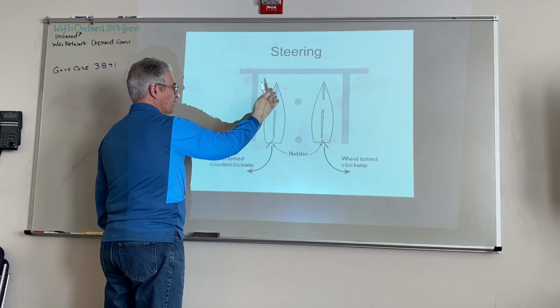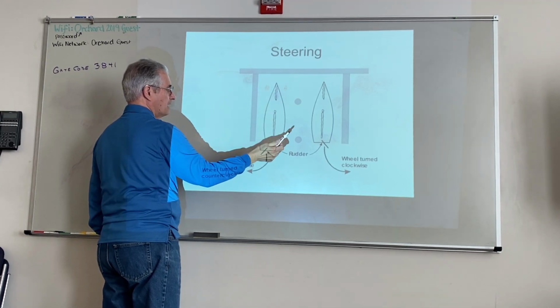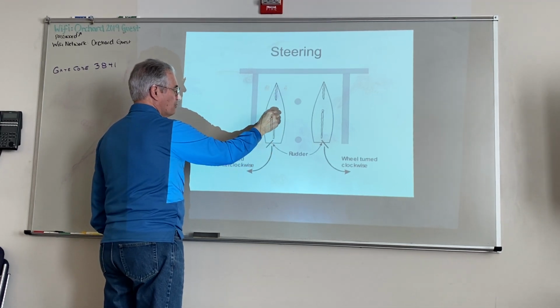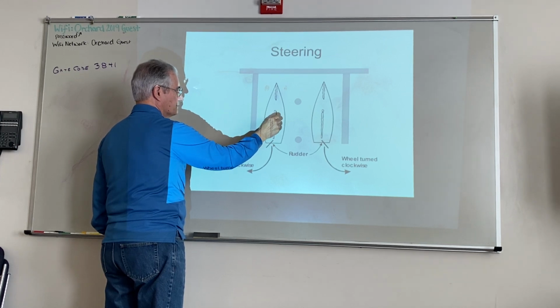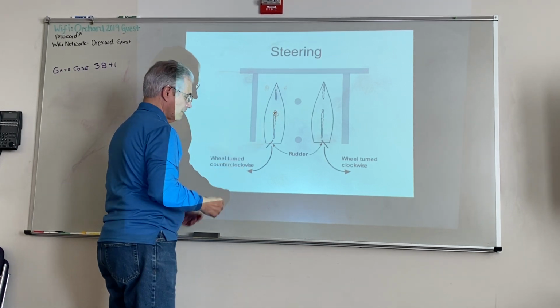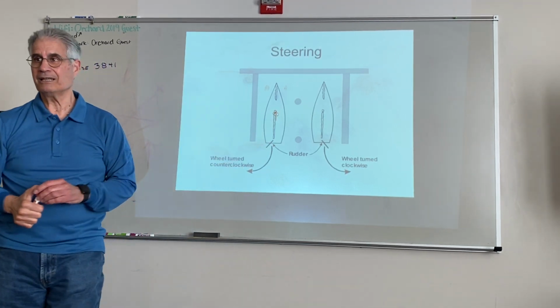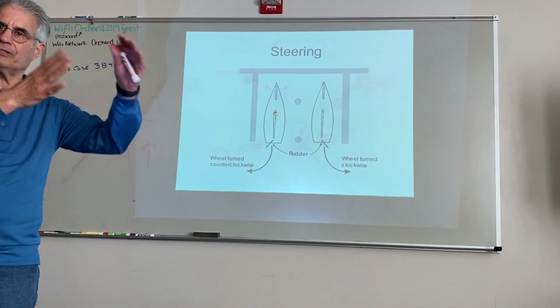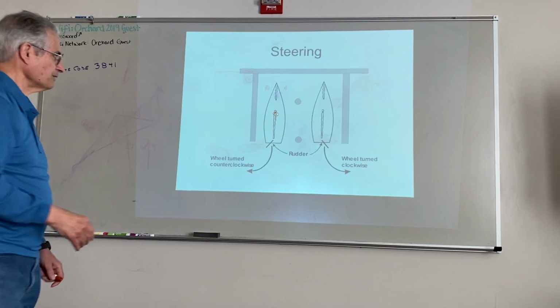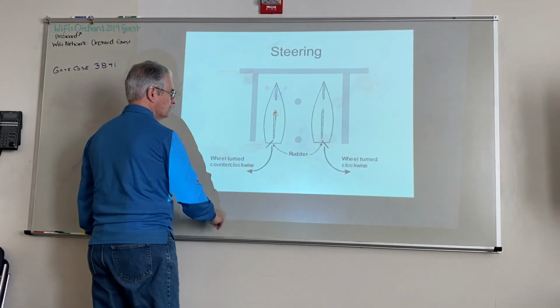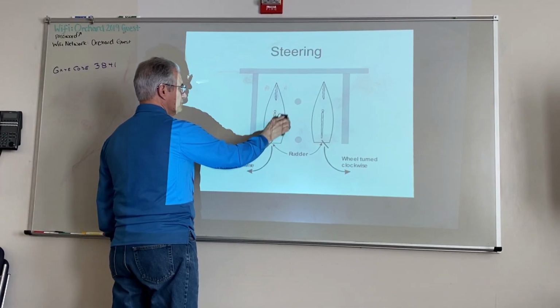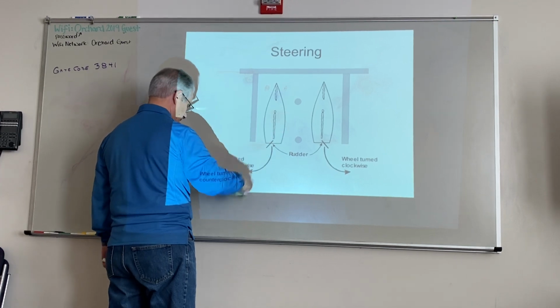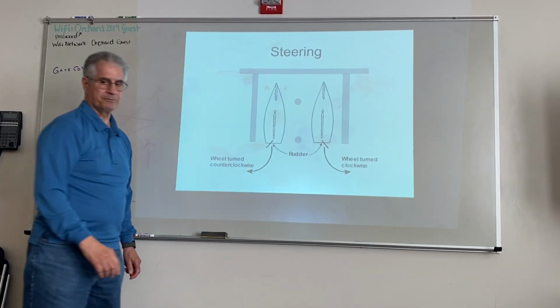Our boats turn from where the keel is, which is kind of interesting. The first time you do it, you notice, oh, it's not turning from the front. It's turning from where the keel is, pretty much a little bit ahead of the center of the boat.